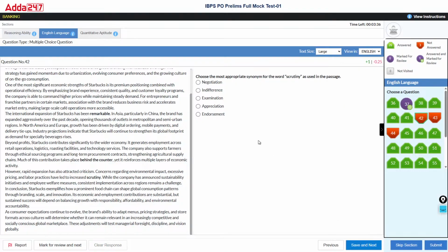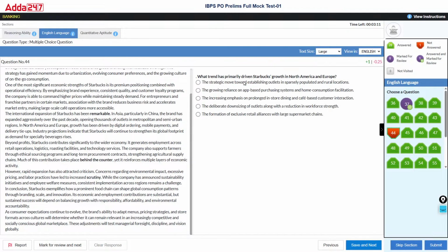Synonym of scrutiny: examination. Synonym for remarkable: extraordinary, something impressive, or noticeable. Let's check the passage. Yeah, impressive.